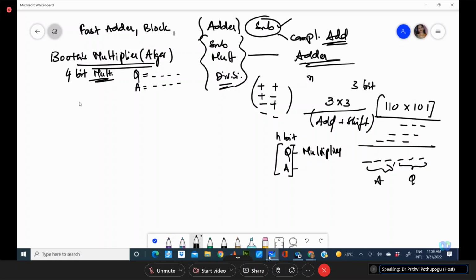If I have a 4-bit A and a 4-bit Q, say Q0, Q1, Q2, Q3, A0, A1, A2, A3, we pad that with 1 bit, Q minus 1. Every time we look at the bit values of Q0 and Q minus 1.